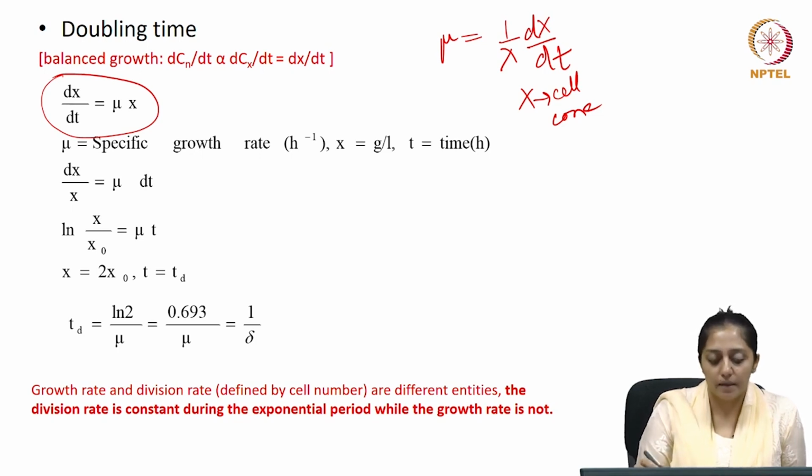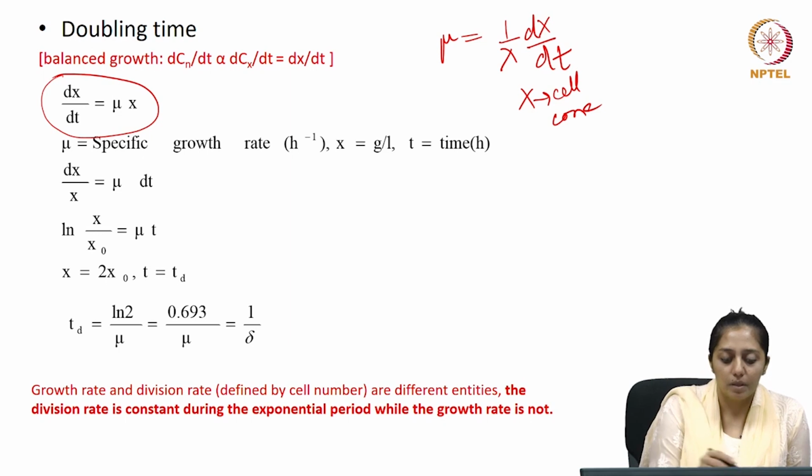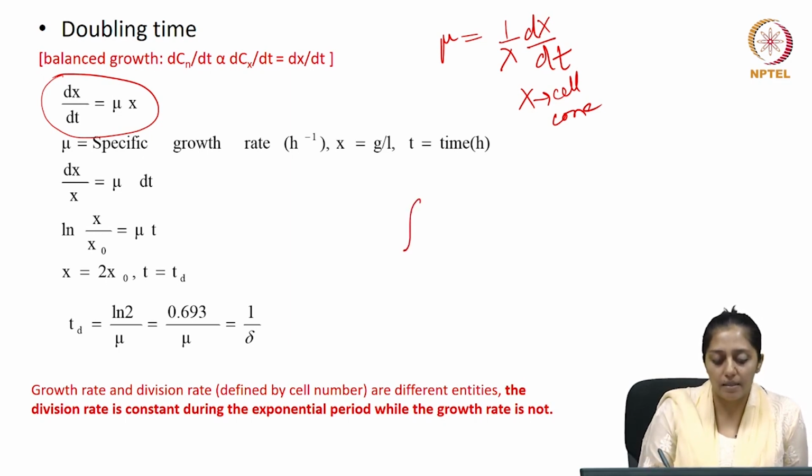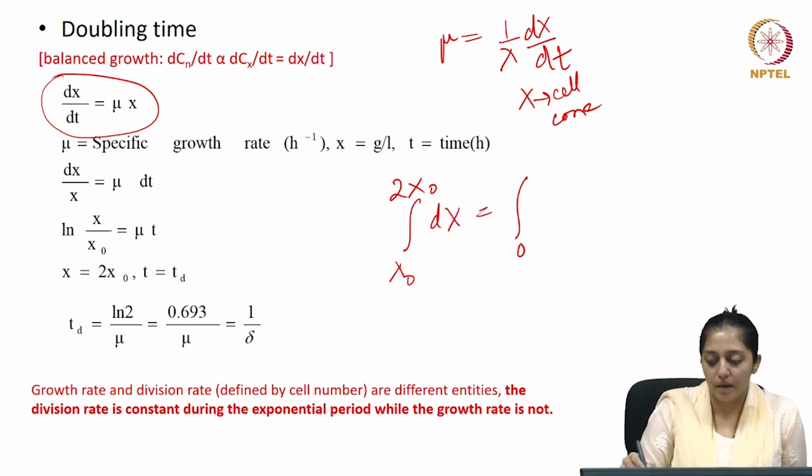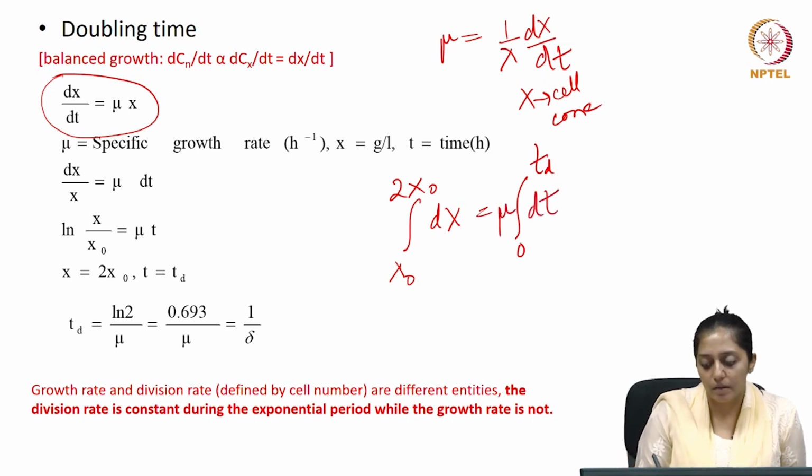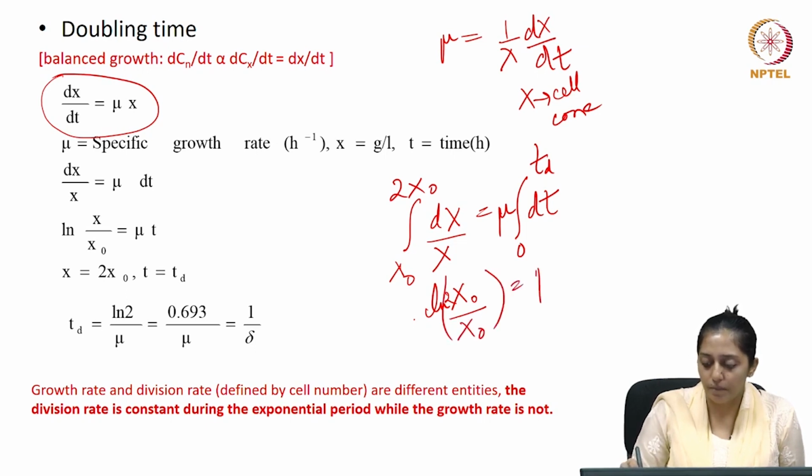Which means that if you integrate this equation and put the limits as x naught to 2x naught, and we need to find that doubling time, then it becomes ln of 2x naught by x naught is equal to mu t.